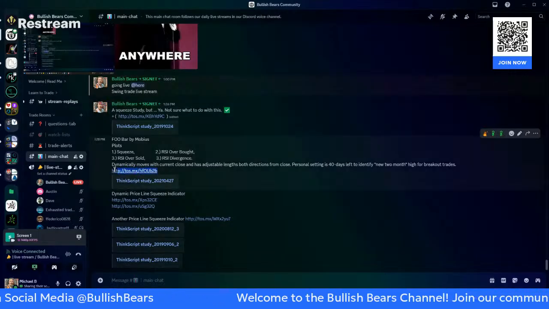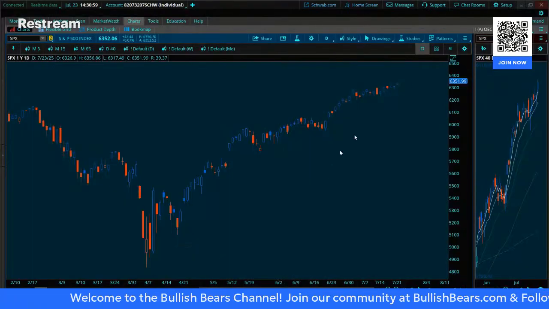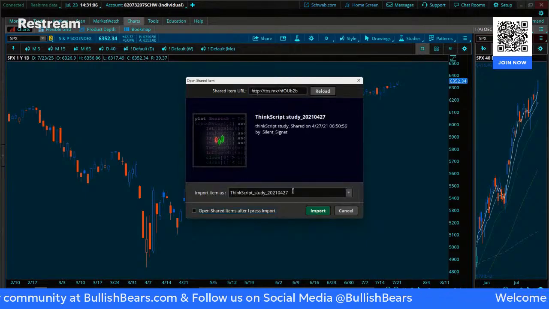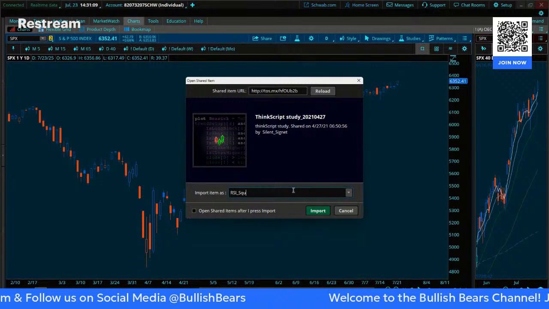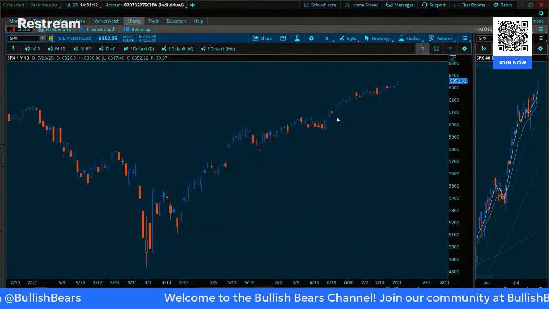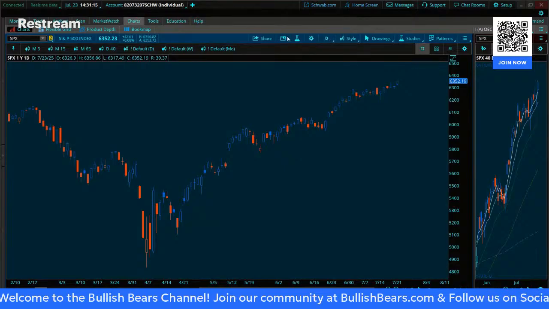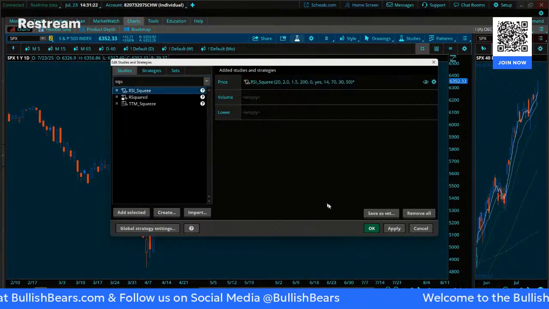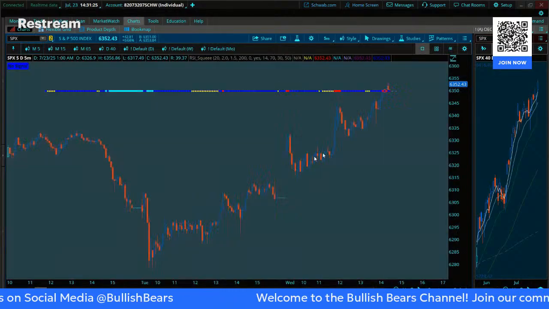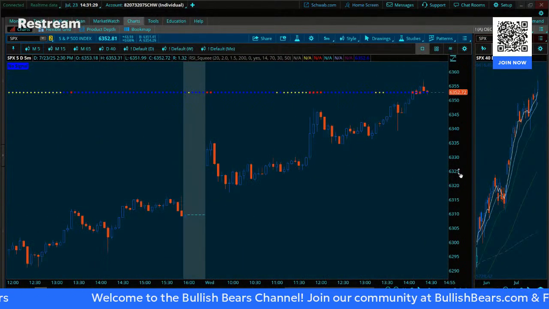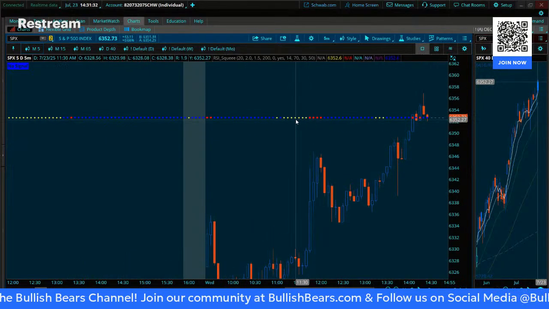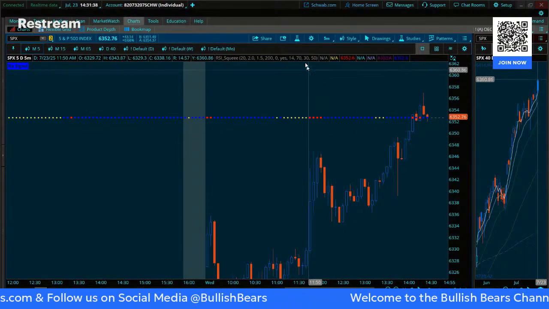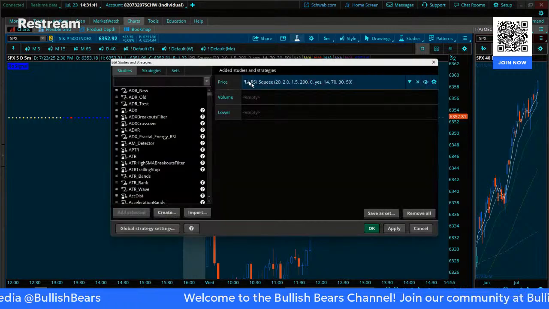So now we'll look at the one that has the RSI built into it. All right, so they're using a price line, and some of these dots are going to be because of a squeeze, and some are going to be because of an RSI being overbought, oversold, or divergent. But you'd have to read the code to figure out one or the other.